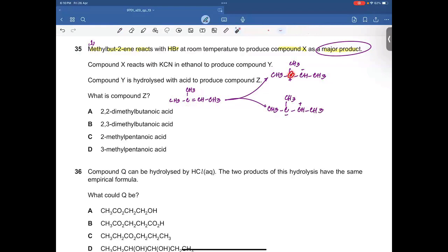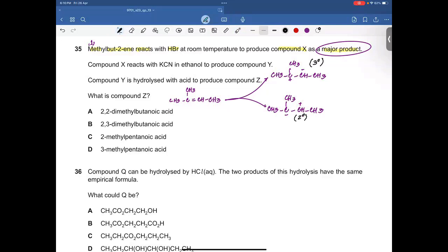Now, the carbon that carries the positive charge has no hydrogen, which means it is tertiary. So this is a tertiary carbocation, which is a 3-degree carbocation. And if the carbon carries the positive charge and has one hydrogen atom, then it is a secondary carbocation, a 2-degree carbocation.